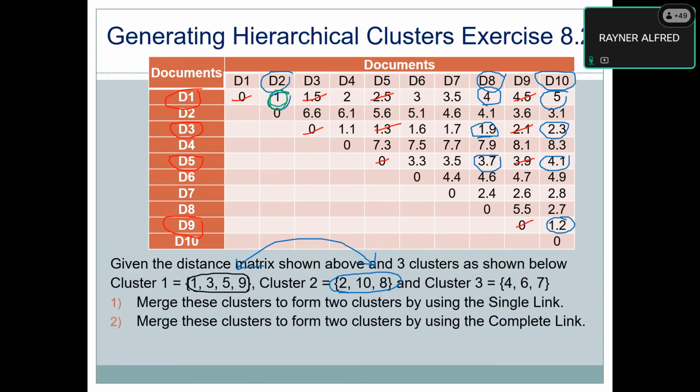The shortest one between cluster 1 and cluster 2 would be between document 1 and 2.